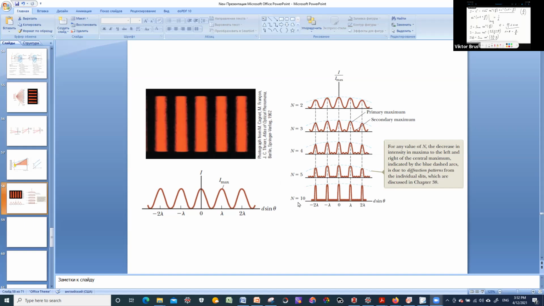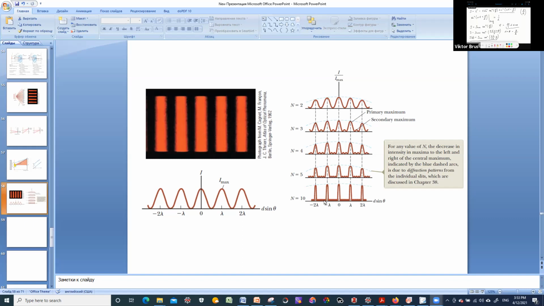So when we go to a sufficiently large number of slits, for instance, here it is shown for 10, we get a very sharp and intense maximum, and very many weak secondary maxima. So the primary maximum increases in intensity and gets sharper, and the secondary maxima just get weaker, and we get more of them.